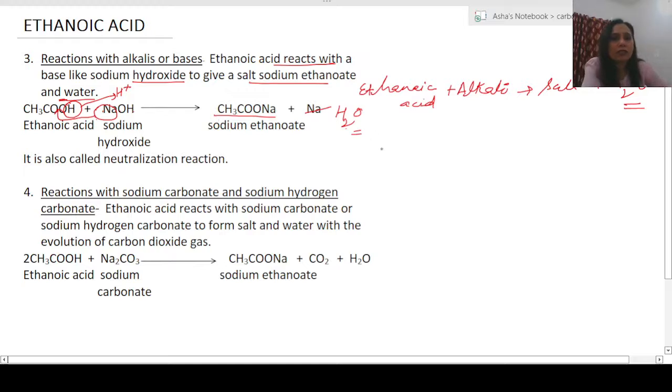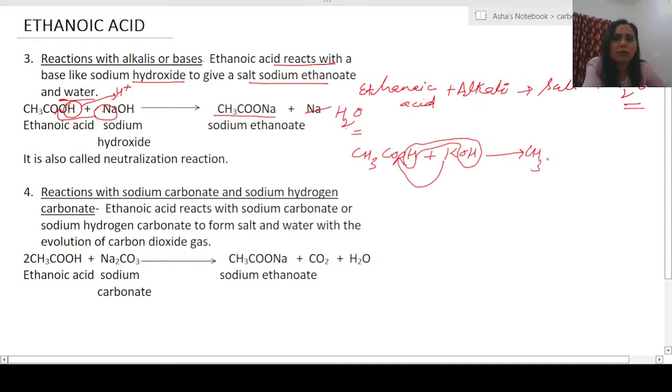This reaction can also be written with potassium hydroxide, CH3COOH plus KOH. So what will happen? This H will combine with OH, and this K will combine with CH3COO.